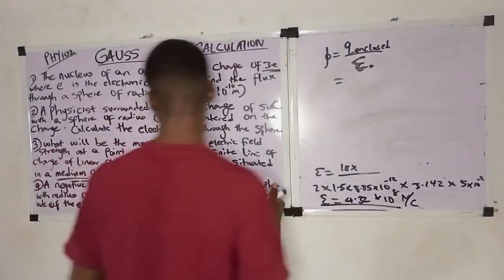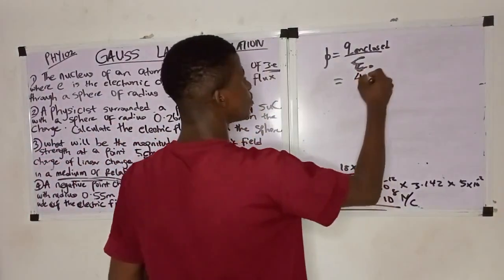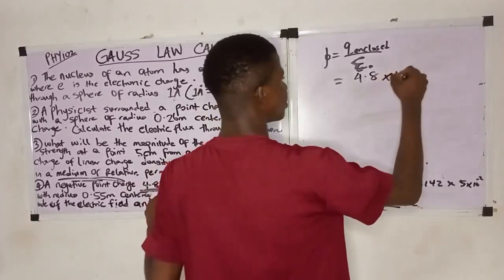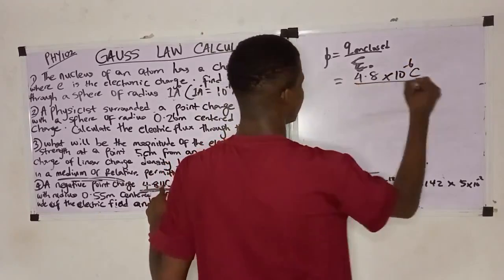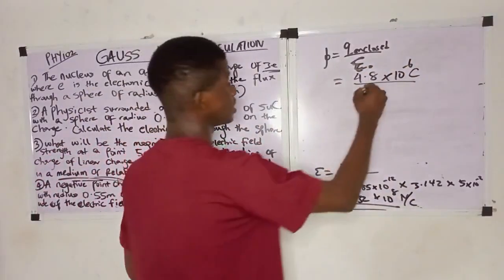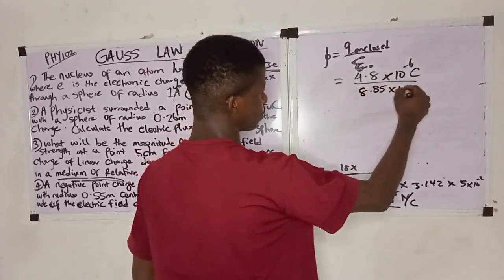So the charge enclosed is 4.8 microcoulomb. Micro is the same thing as 10 raised to the power minus 6, then we put our coulomb there, then divide by the permittivity of free space, which is 8.85 times 10 raised to the power minus 12.